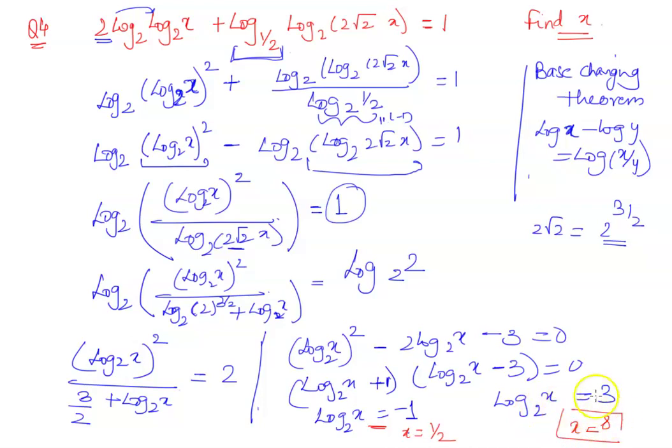Again, by definition of the log, we know that if log x to the base b equals n, then x is equal to b raised to the power of n. So we apply this here, 2 cube is 8, and similarly 2 raised to the power of minus 1. Now, these are the two possible solutions. Let's see whether these two solutions are feasible or not.